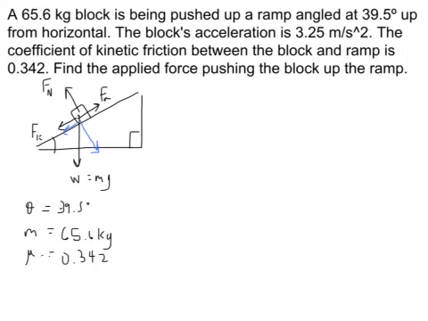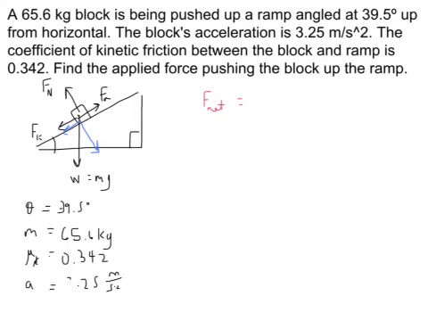Okay. So the first thing to find, the only thing to find, is the applied force, FA. Now, to find that, we are going to need to use that F net. One last thing that we know: the acceleration, 3.25 meters per second squared.